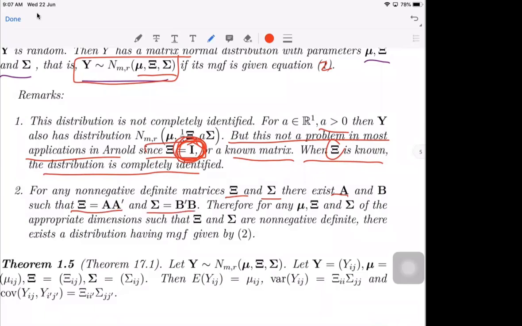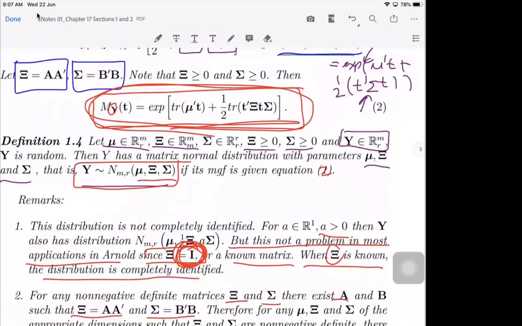Therefore, for any mu, psi, and sigma of appropriate dimensions, that is, conformable matrices, such that psi and sigma are non-negative definite, there is a distribution having a moment generating function given by this.